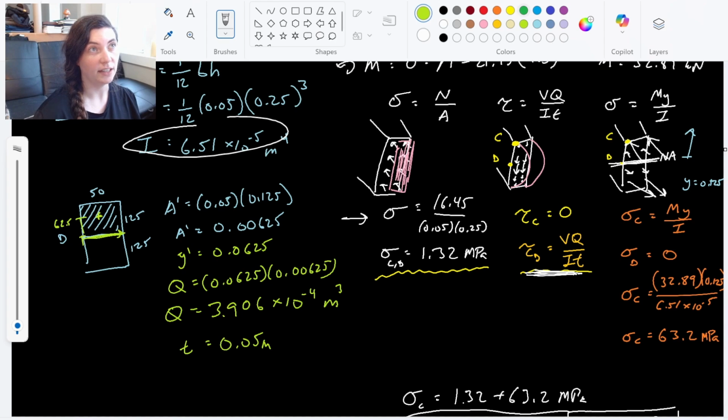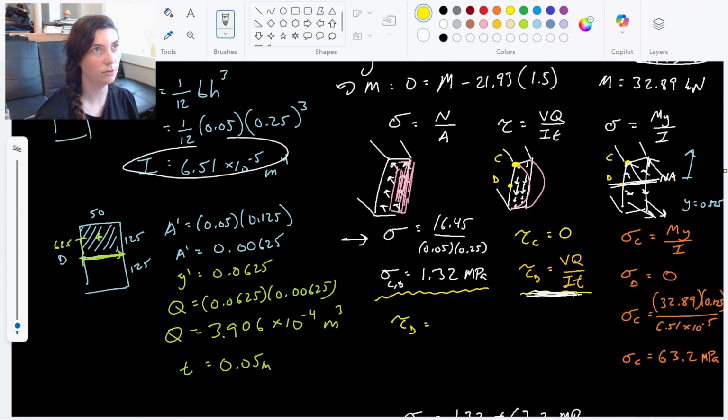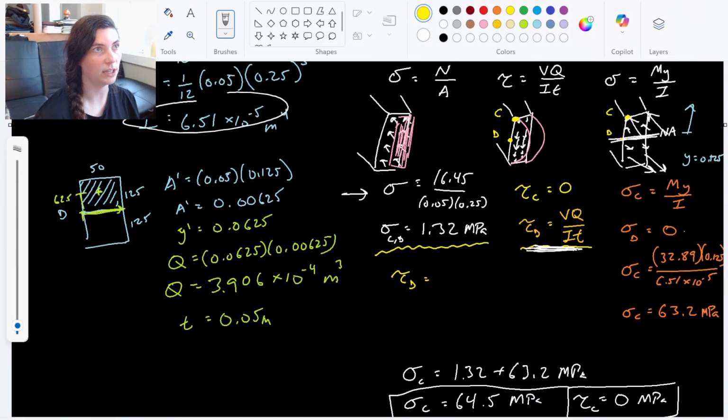And those are finally all of the components that I need for this shear stress at D. So shear stress at D is the shear value, 21.93 kilonewtons, times the Q value we just found, 3.906 times 10 to the negative fourth, over moment of inertia, 6.51 times 10 to the negative fifth, times that T value.